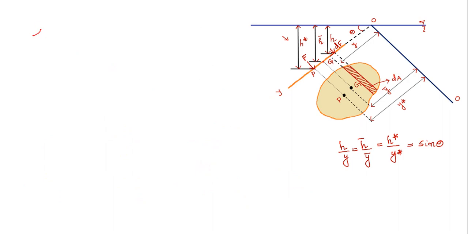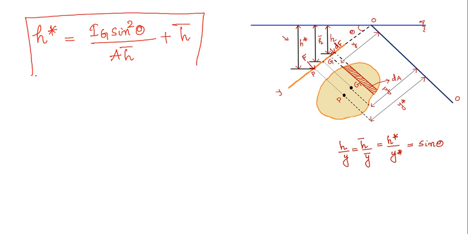By rearranging this expression, we get h star is equal to Ig sin square theta divided by A h bar plus h bar. So we can conclude that the total pressure force F acting on an inclined plane surface is equal to rho g A h bar, and this total pressure force acts at a distance of Ig sin square theta by A h bar plus h bar from the free surface.